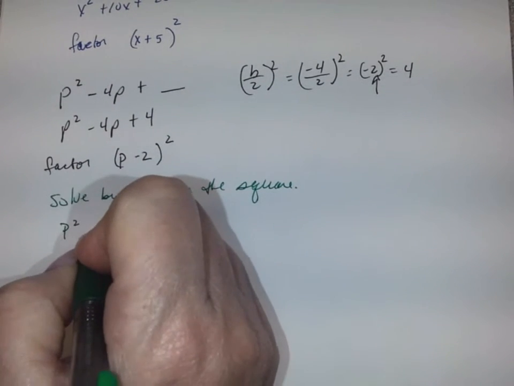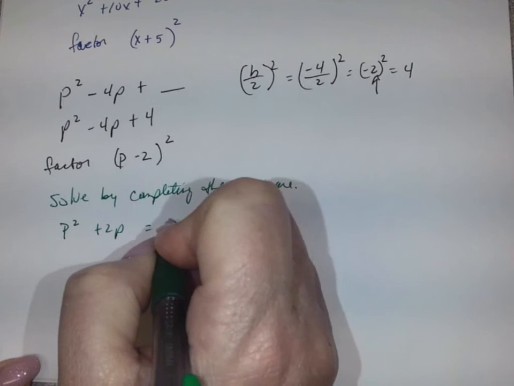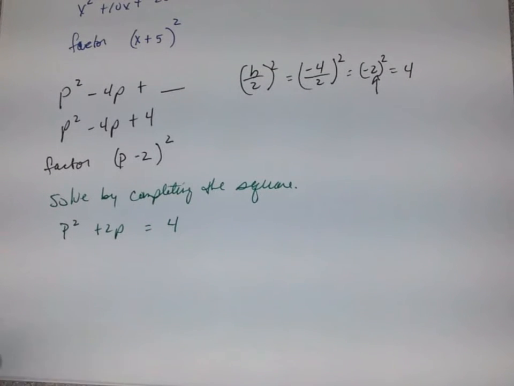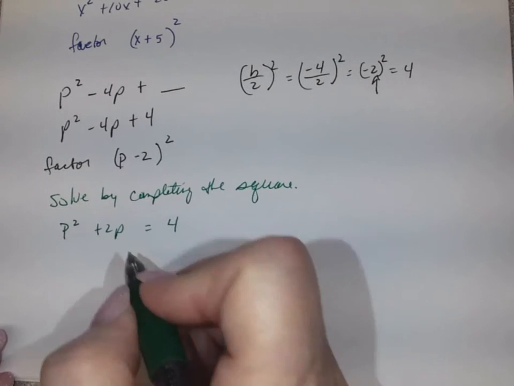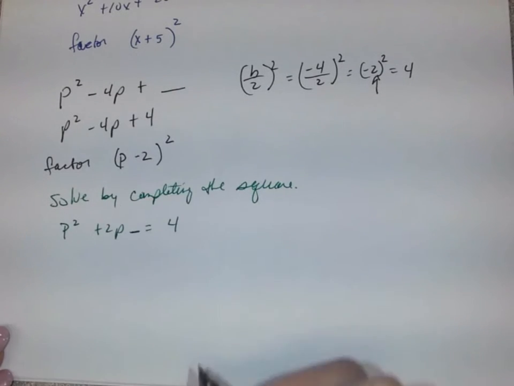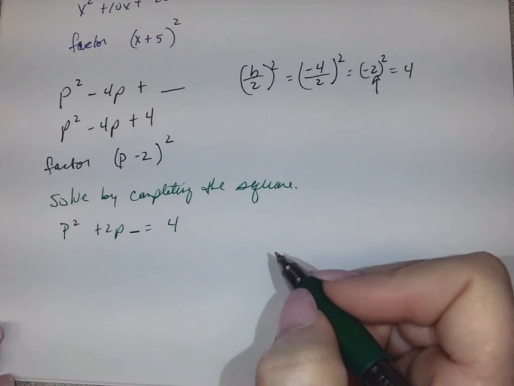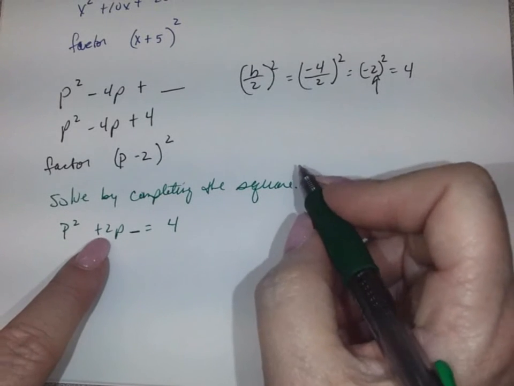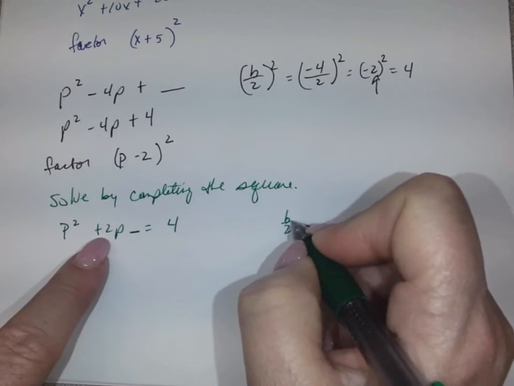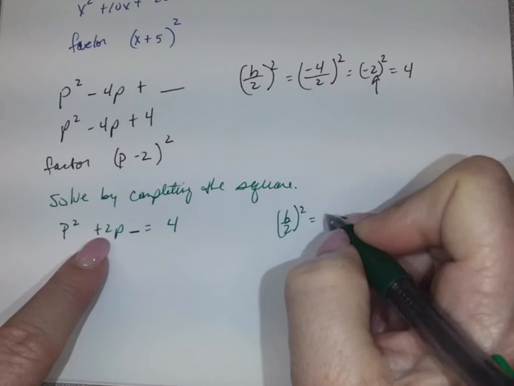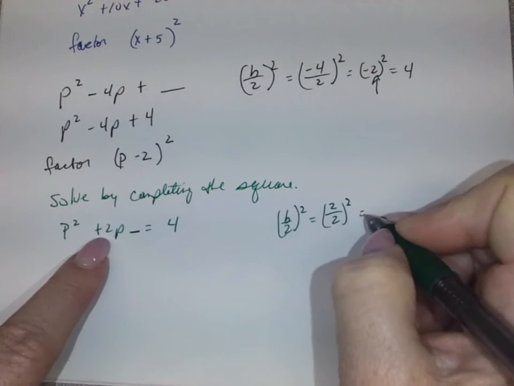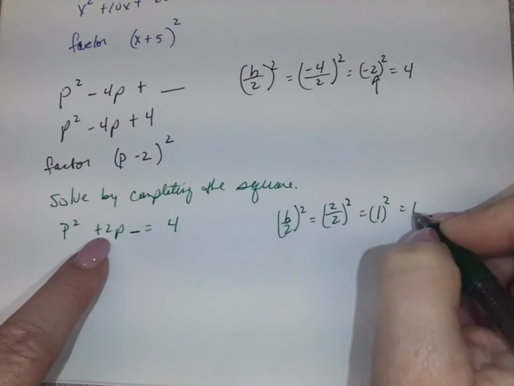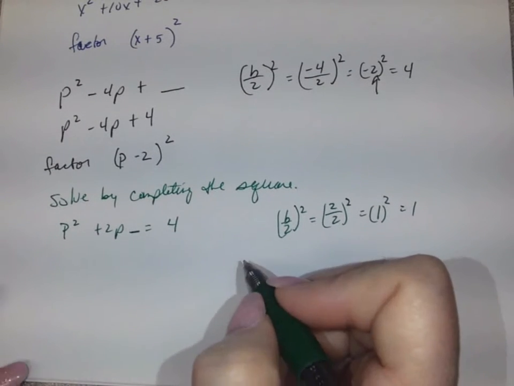So what we need to do is figure out what we are going to add to both sides. So we need to figure out that number. We're going to take our b over 2 and square it. So we'll have 2 over 2 squared. That equals 1 squared, which is equal to 1. So we have p squared plus 2p plus 1 is equal to 4 plus 1.